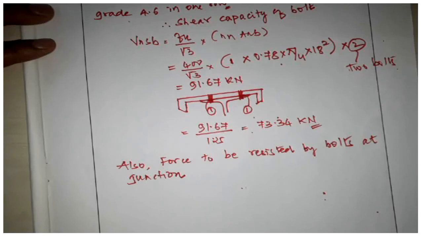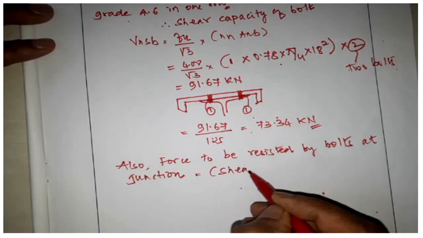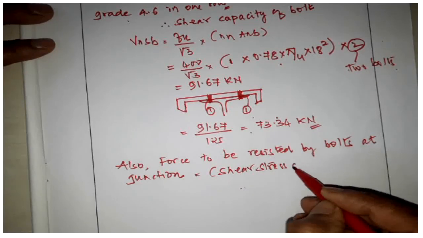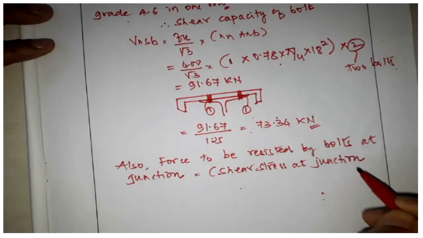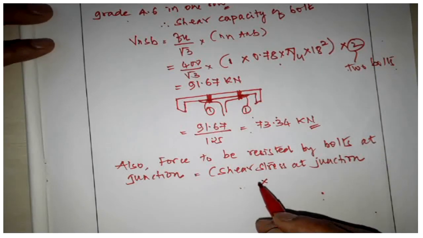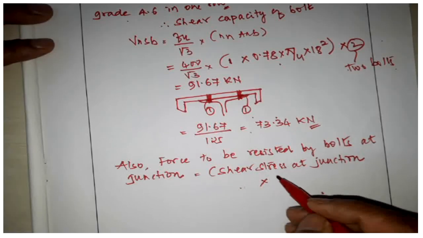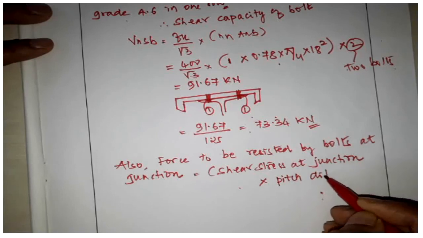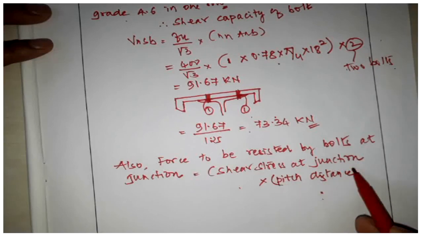Force to be resisted by bolts at junction is equal to the shear stress at junction, which is already calculated, into pitch distance. Okay, shear stress at junction into pitch distance.